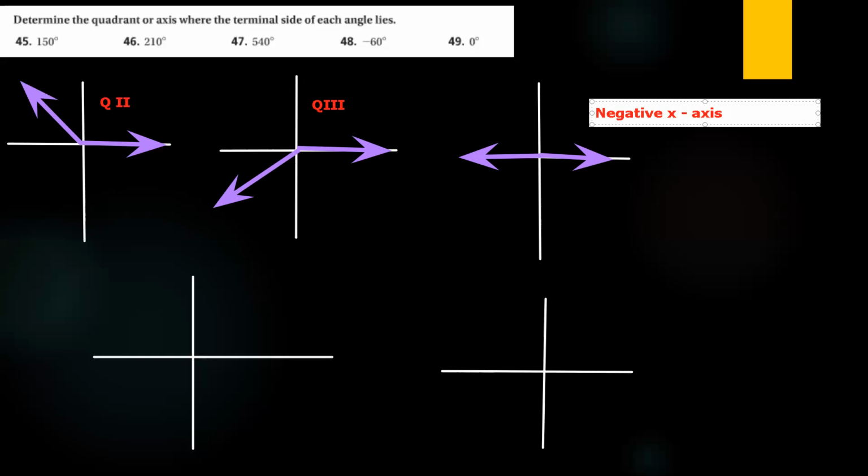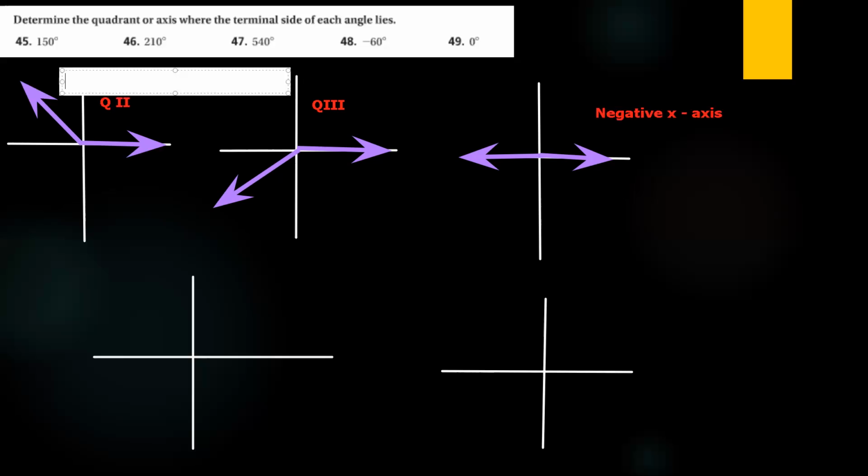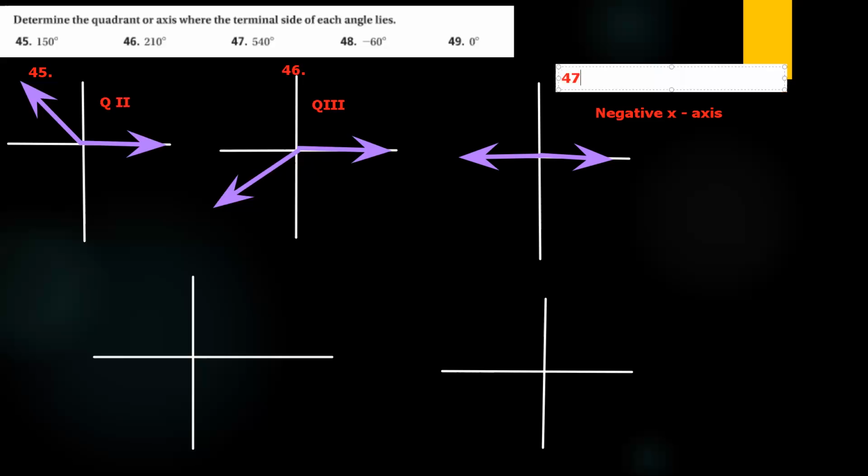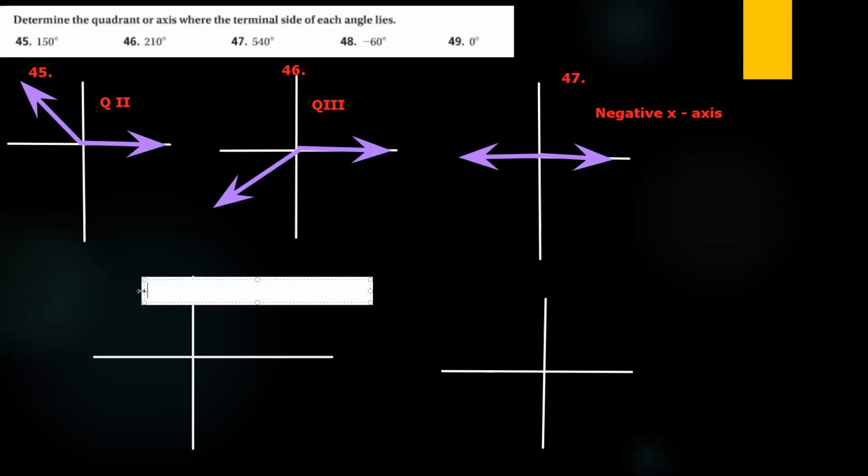Now let's repeat here. This is 45, this is 46, this is 47. Now let's do number 48. In 48 here, what did we have? We have negative 60.